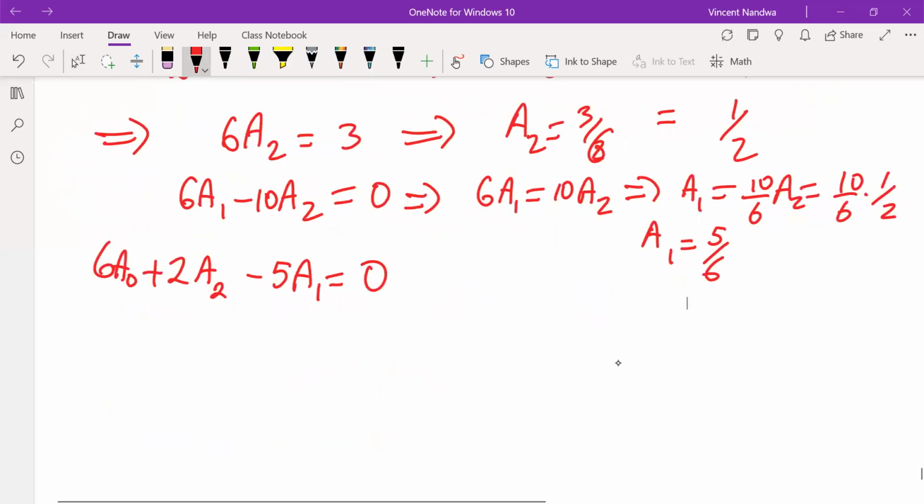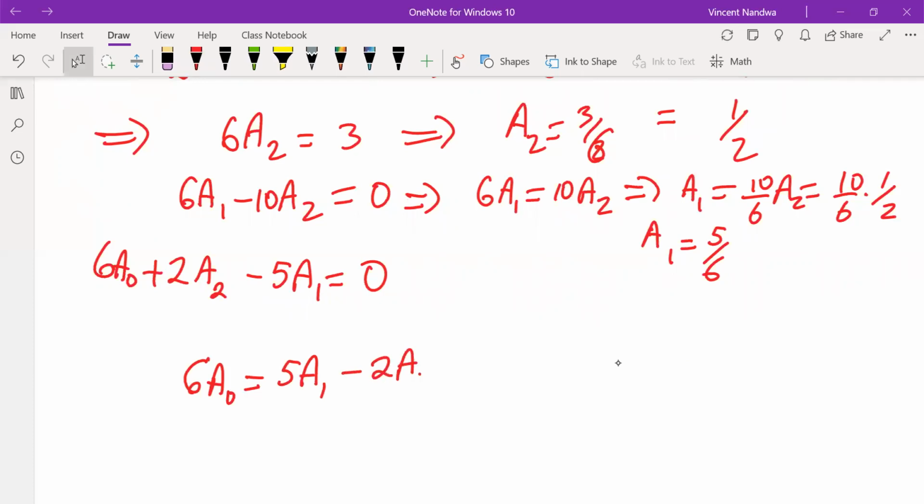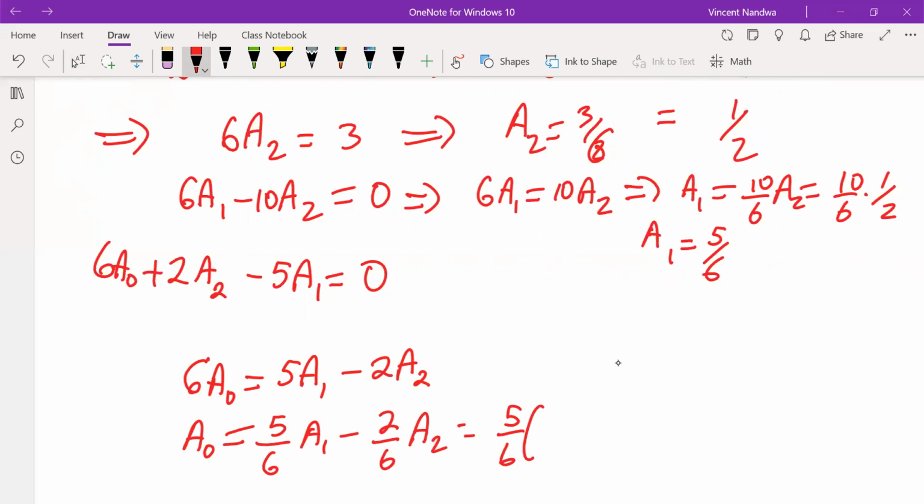And then from this one, 6a naught equals 5a1 minus 2a2. So a naught will be 5 over 6 a1 minus 2 over 6 a2, which is 5 over 6 times a1, 5 over 6, minus 2 over 6 times a2, a half.